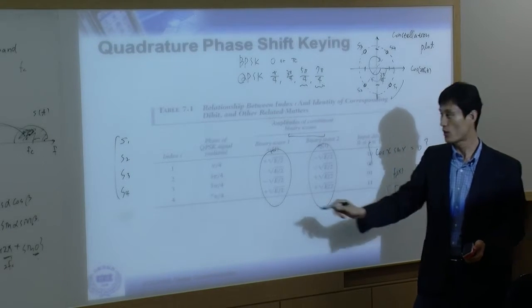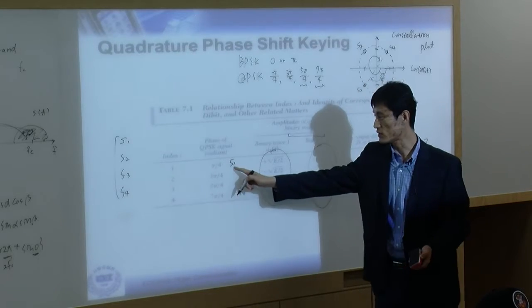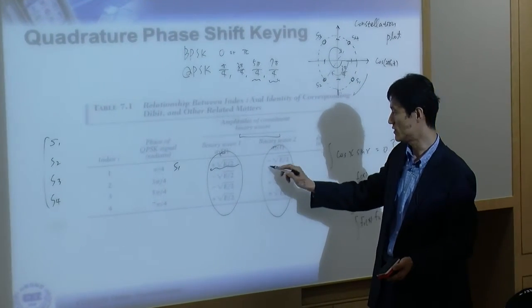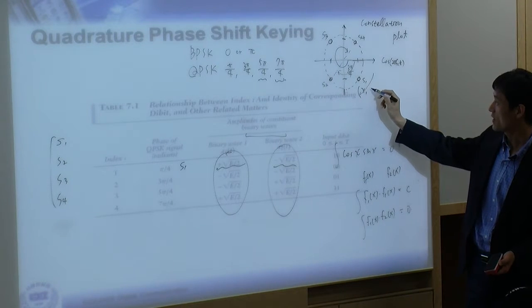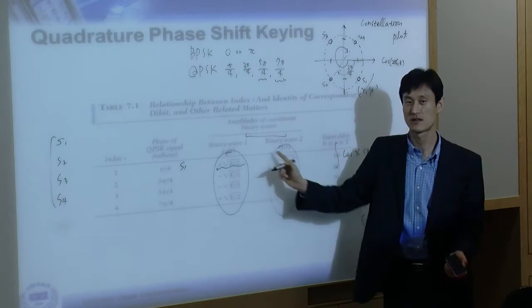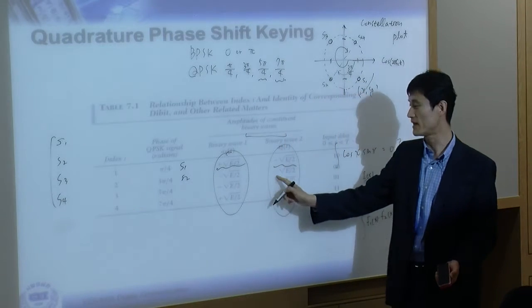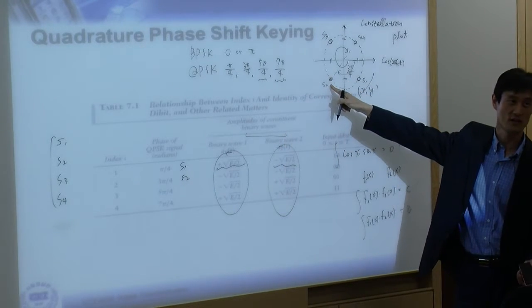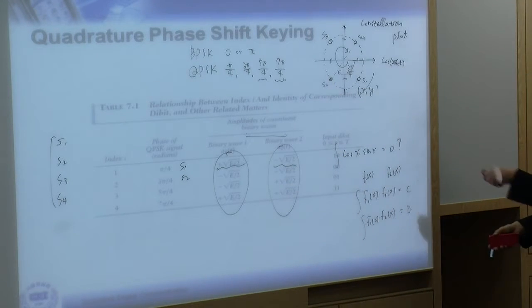So what is S1? S1 has the 45 degree angle. S1 has this x value and this y value. That's what you see here, right? X and y, that's this and this. Here's S2. S2 has a minus x, minus y. That's exactly here. So this summarizes the x and y values in the constellation plot.